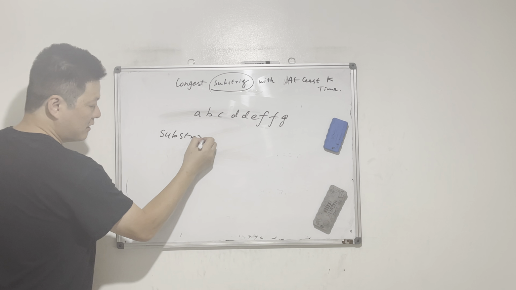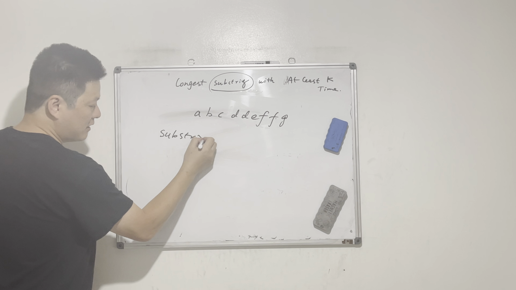So look, let's say there are loads of a's. What I'm saying is, look at this a, what is the count? How many times does it appear in the whole string? Once, so it's less than k.